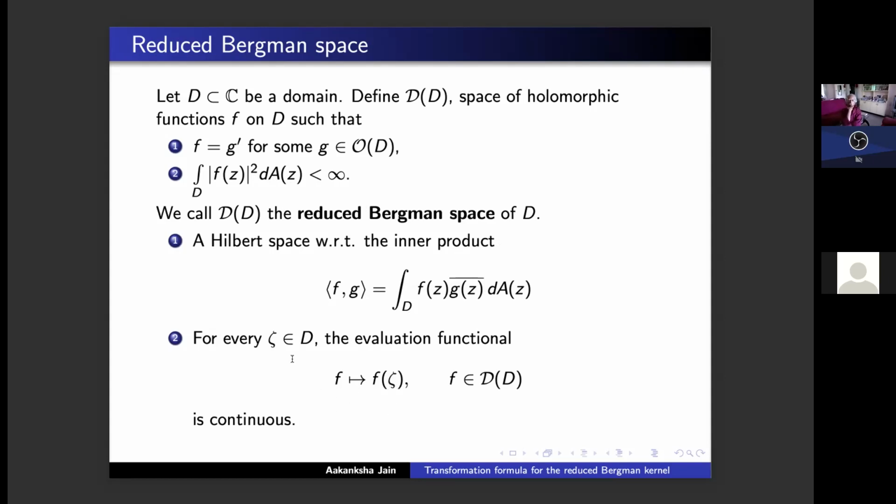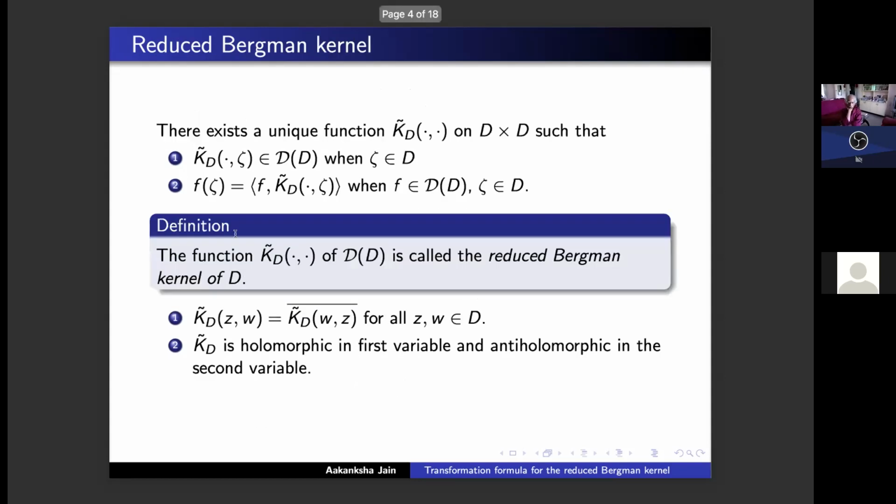So it in fact follows from the Riesz representation theorem that for every zeta, there is a function k tilde D(., zeta) in the reduced Bergman space such that f(zeta) equals the inner product of f with k tilde D(., zeta) for every f in the reduced Bergman space.